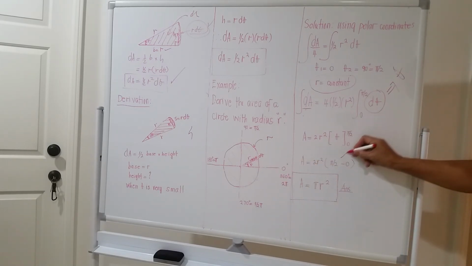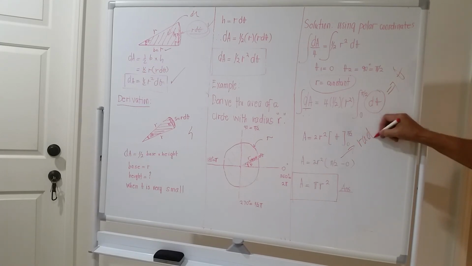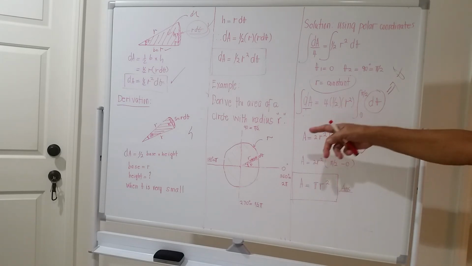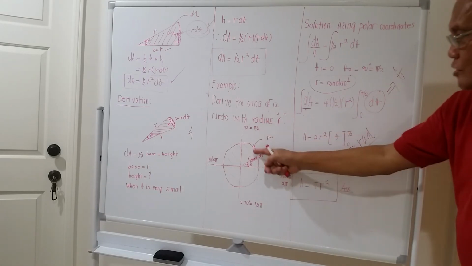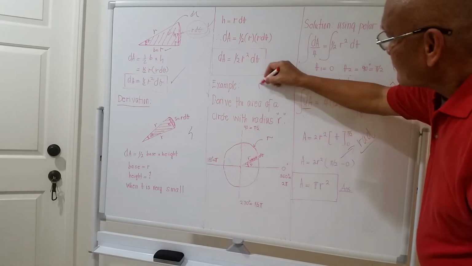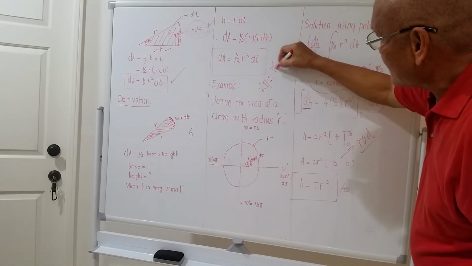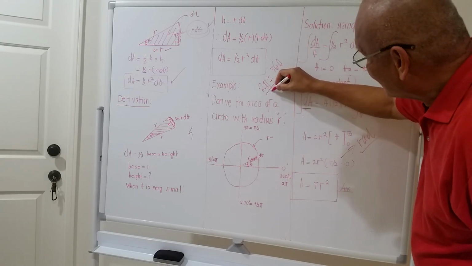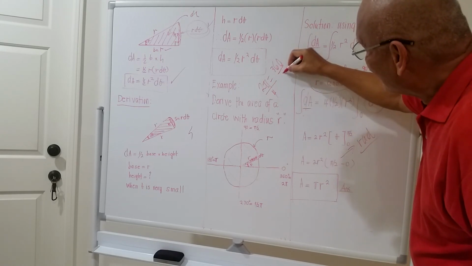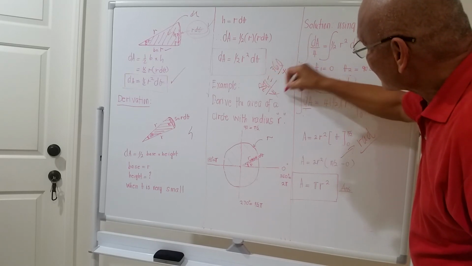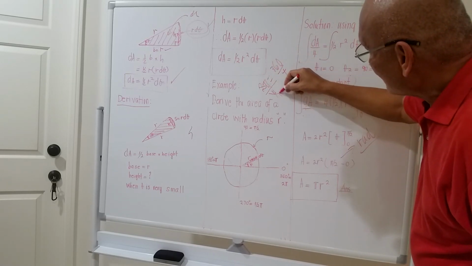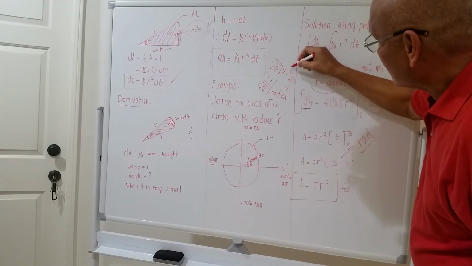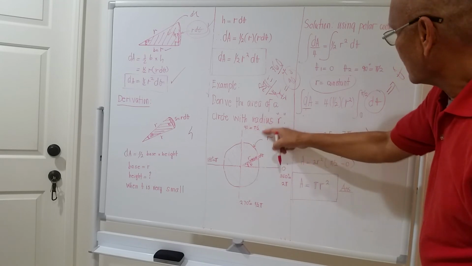What angle we place here, the unit should be radians. So we will convert that 90 degrees to radians, and it is actually pi over 2, because 2 pi is 360. We divide this by 4: 360 over 4 is 90 degrees, so 90 degrees is pi over 2.